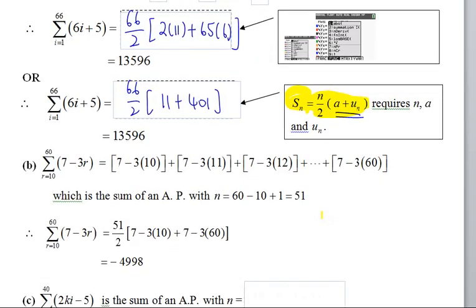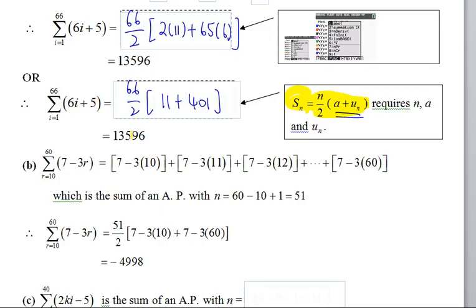Okay, next. Part B. Again, you observe by listing out the terms. You can observe that it is an AP. You see 7 minus 3r. In fact, without writing this, you can quite easily tell that the common difference is negative, just by looking at this expression.